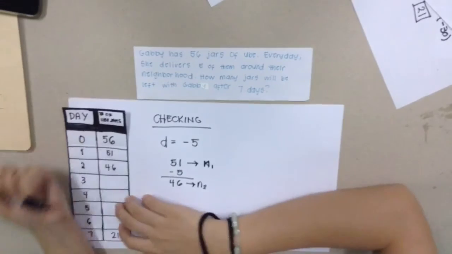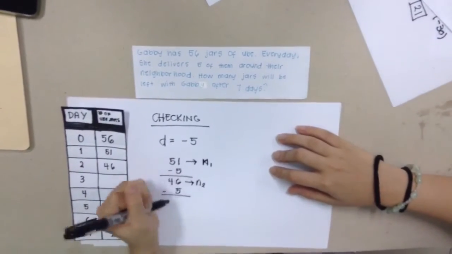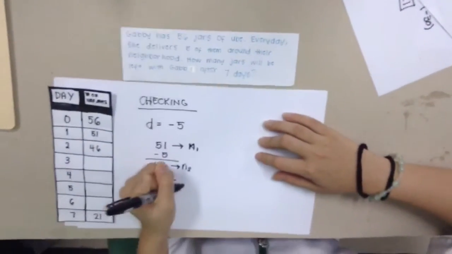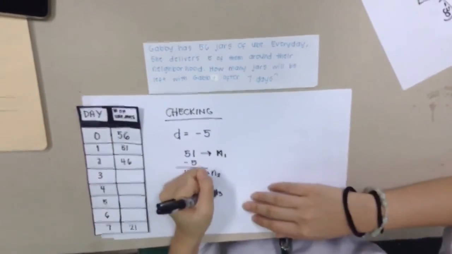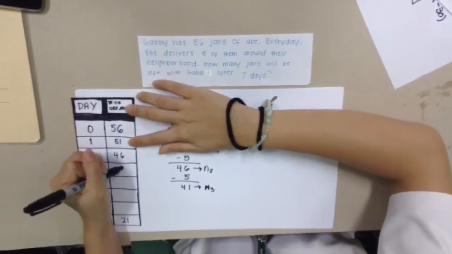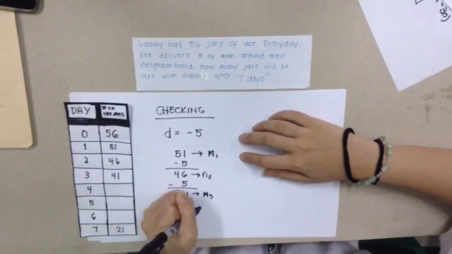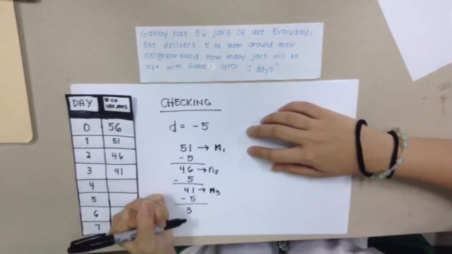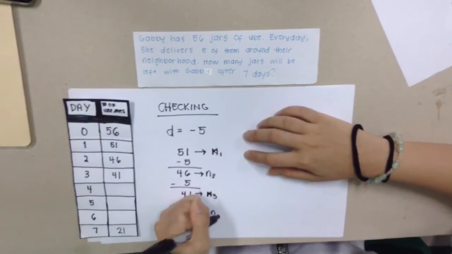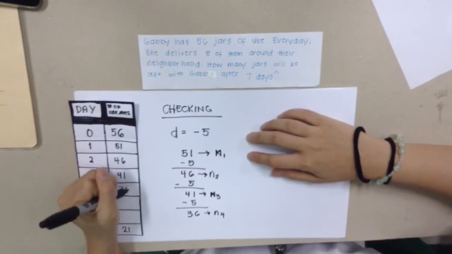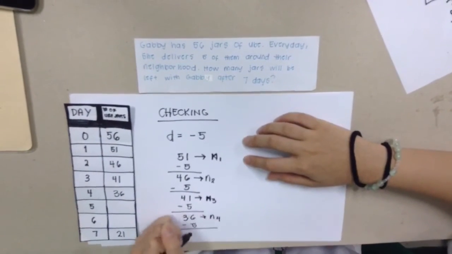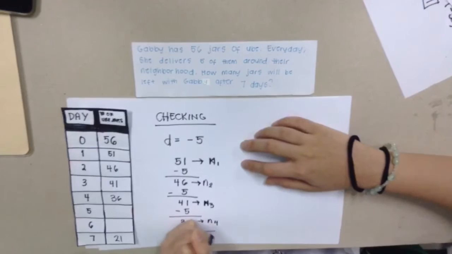So you subtract the second term by 5, which gives you 41 as the third term. So then subtract the third term by 5, which gives you 36 as the fourth term. So then you subtract 5 again, which gives you 31 as the fifth term.